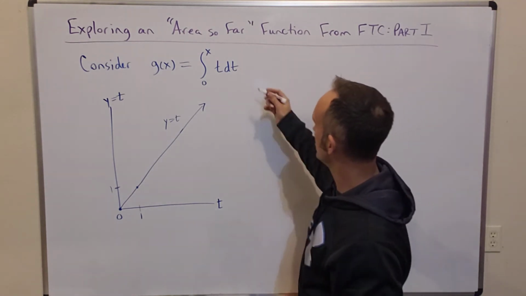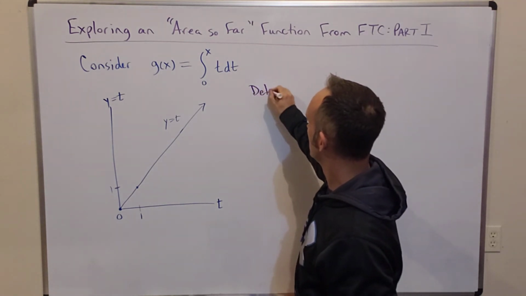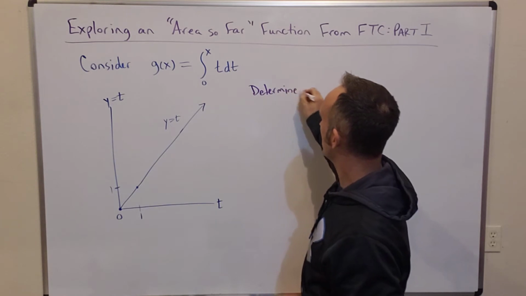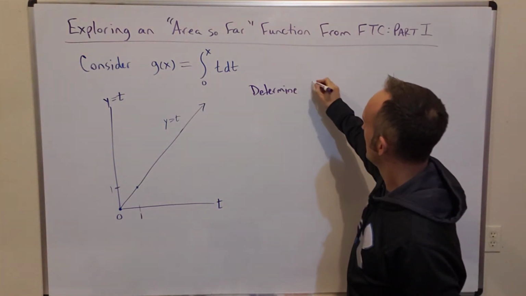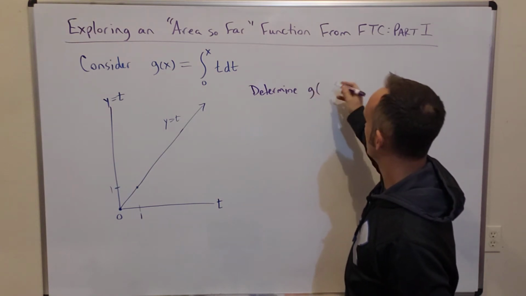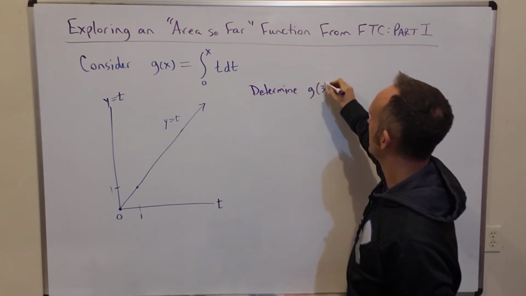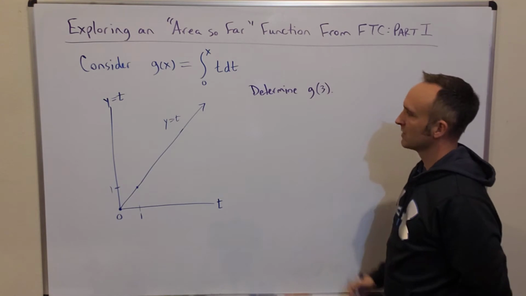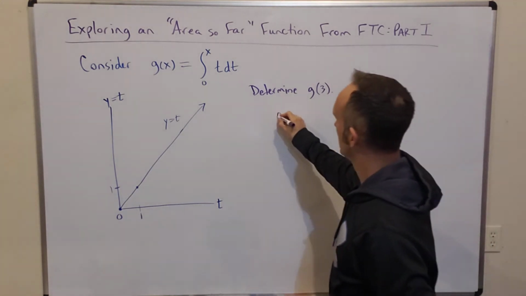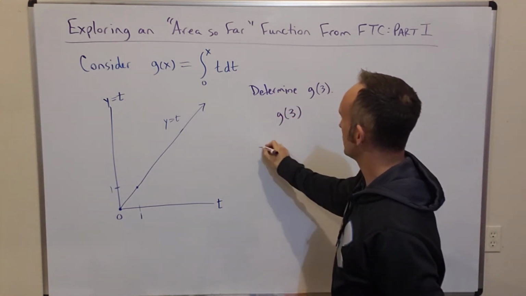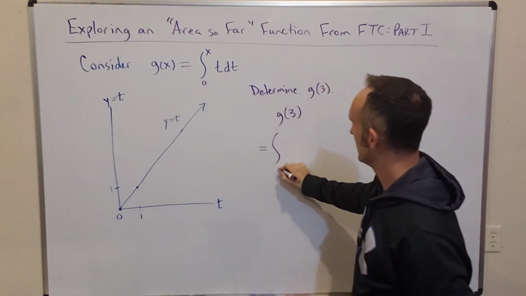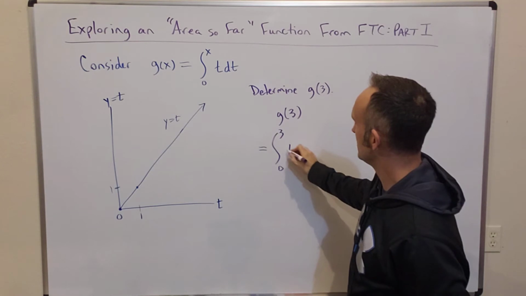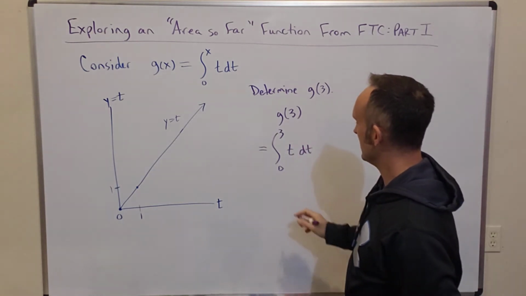So let's say I want to determine, and we're going to do this all with basic geometry here, g of, let's say, 3. Let's determine g of 3. So g of 3 equals the integral from 0 to 3 of t dt.